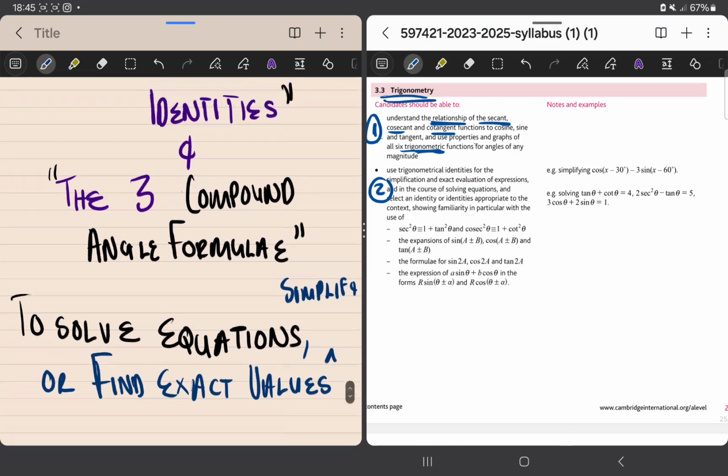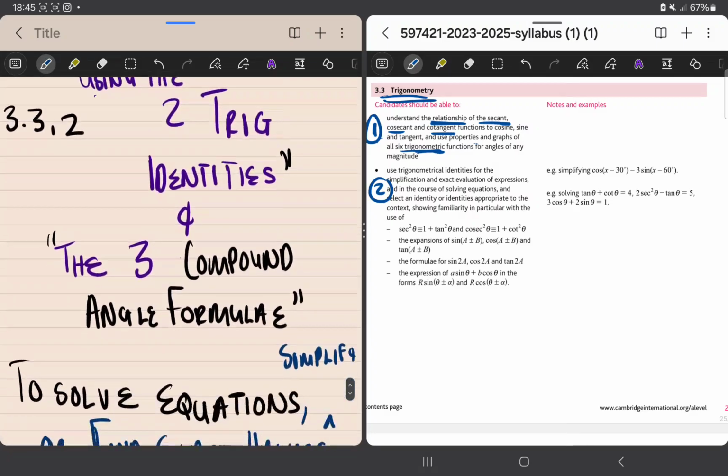So those are the 3 things we're going to do. You can just say the 2 trig identities and the 3 compound angle formulas. That is going to be the topic. We're going through the 2 trig identities and the 3 compound angle formulas.